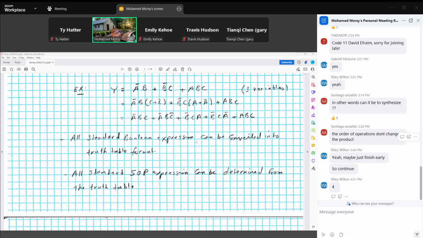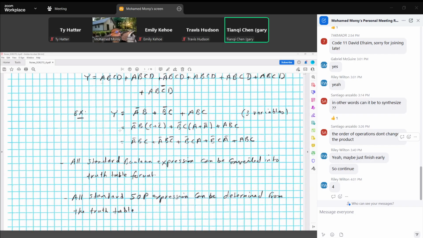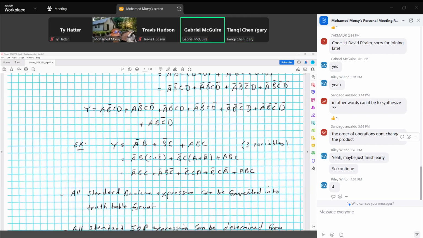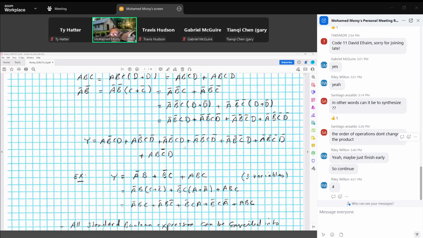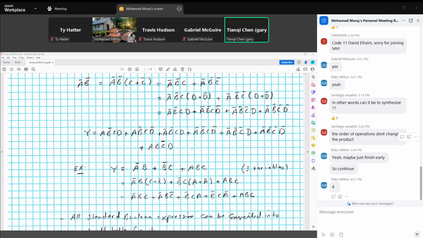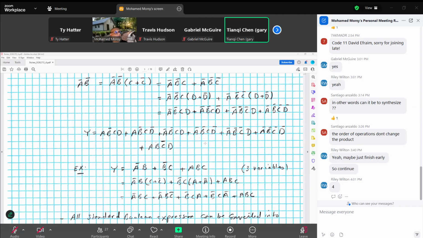He's talking about like the domination, identity, associative, those laws for Boolean algebra. So what's your question? Like you told us a lot of rules, like A double inverted is A, A times A is A. Those kind of rules you told us, should we memorize them?